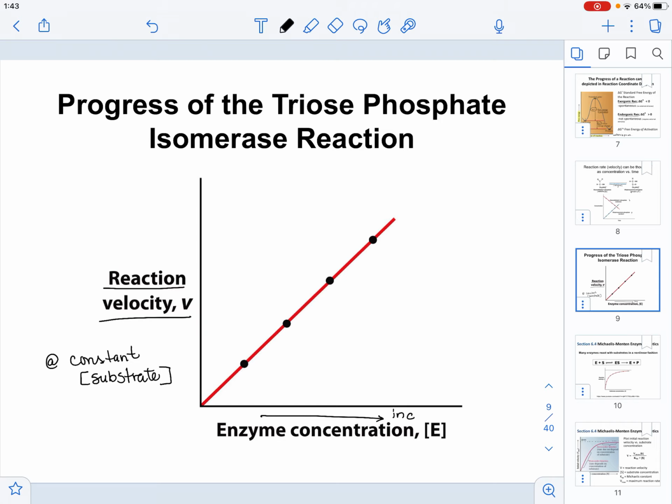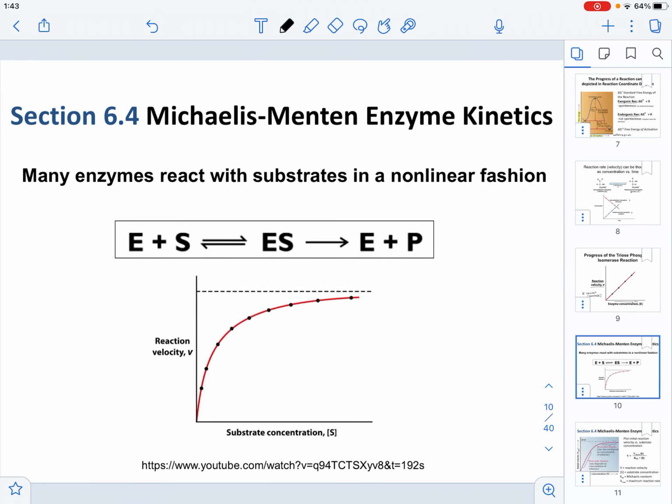Now, in reality, with an enzyme catalyzed reaction, what we see is that enzymes act with their substrates in a non-linear fashion. So let me just introduce how we actually view an enzyme catalyzed reaction.